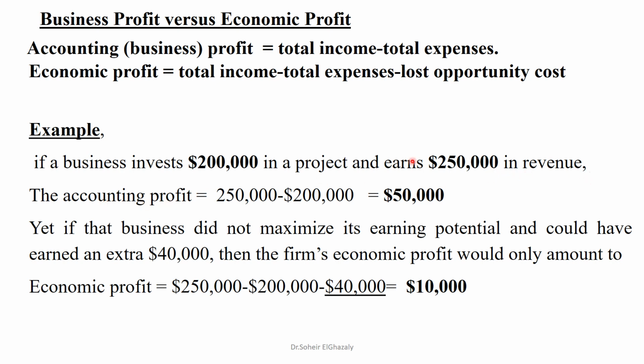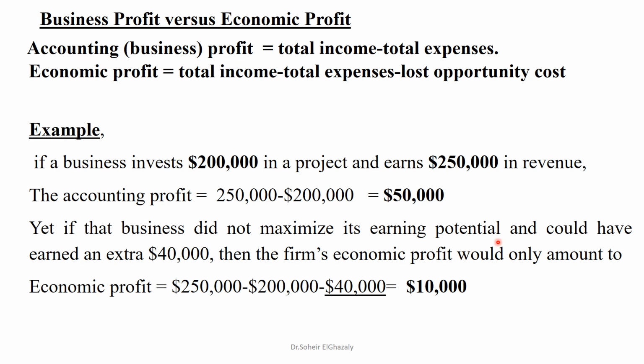What is the accounting profit? Easy. This minus this. Anybody will understand this: 50,000. But we discovered that the business did not maximize its earning potential. Remember the maximization problem? If you produce one more, you will lose money.